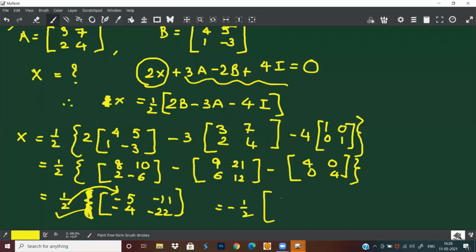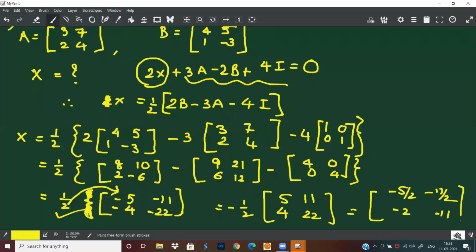So you have to choose accordingly. Right? Are you getting it? Yes. So they can give you this option, or this option. That is how we find the value of matrix X.